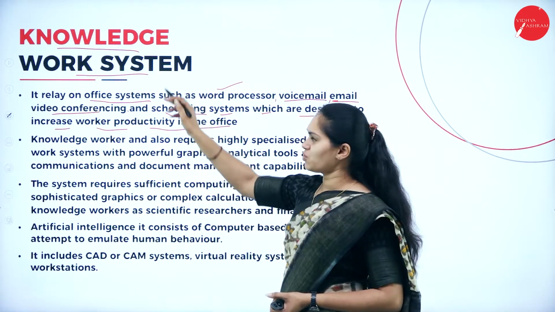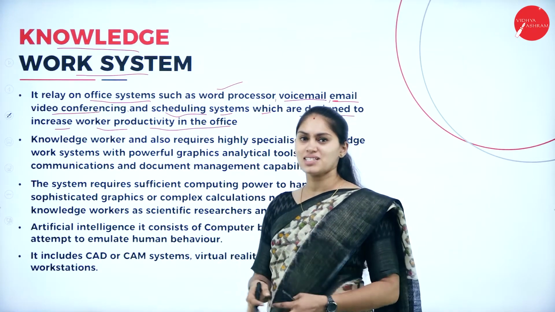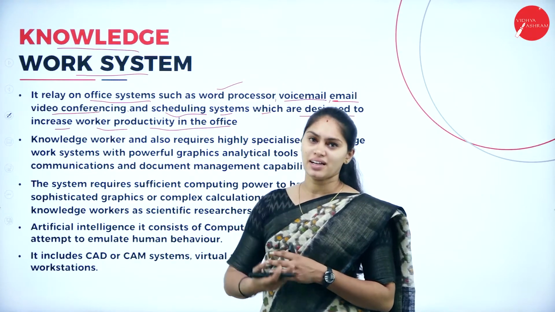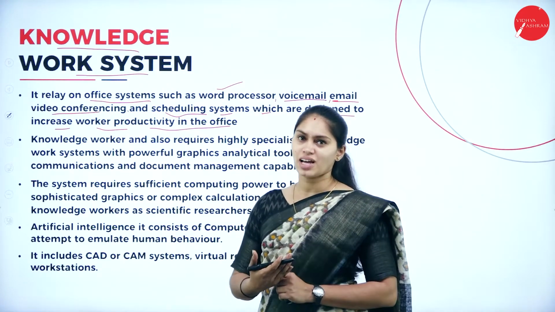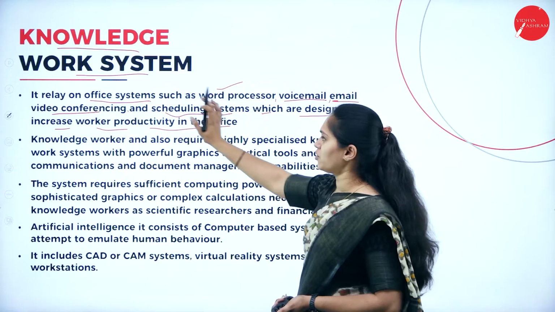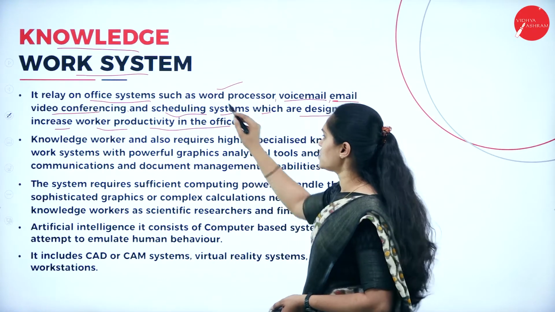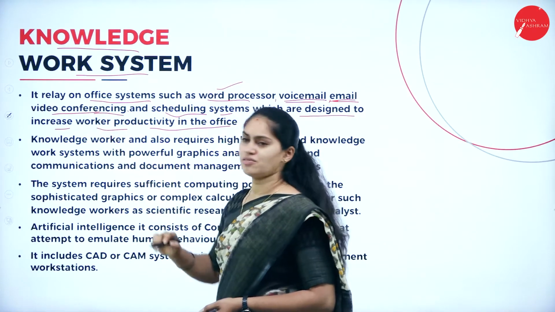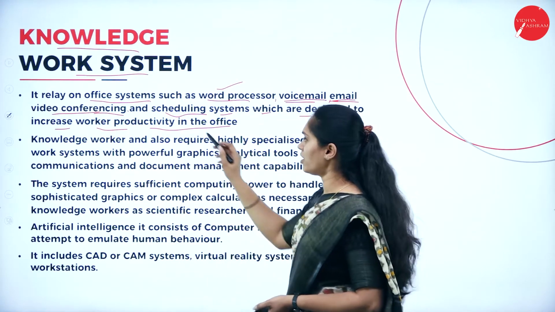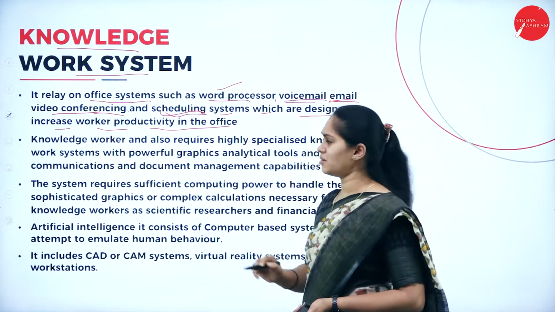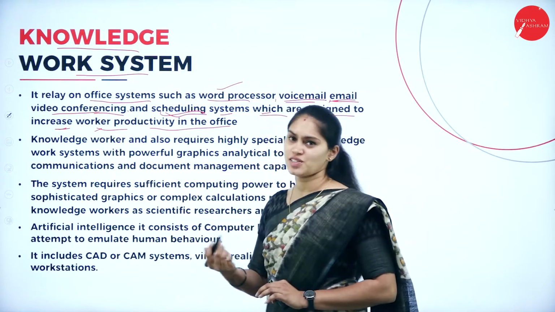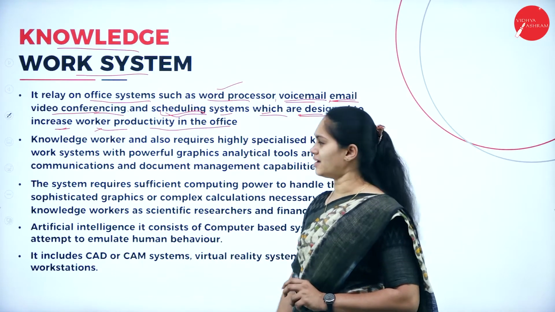In a knowledge work system, employees already have their own unique knowledge, but in order to enhance or improve that, it provides some office systems such as word processor, voicemail, email, video conferencing and scheduling systems, which are mainly designed in order to improve the efficiency of the workers of the organization.